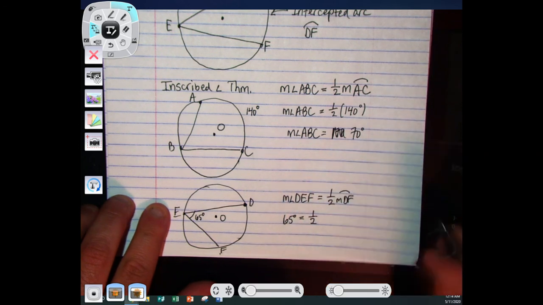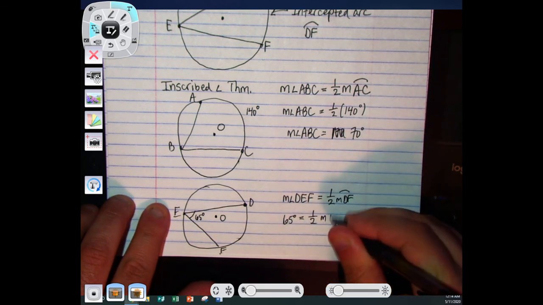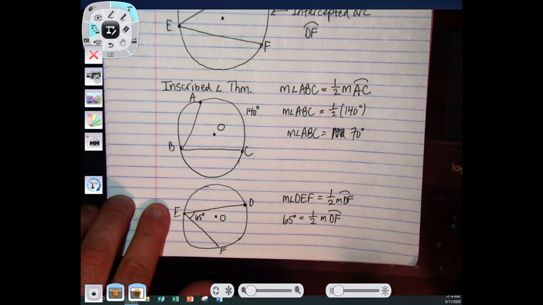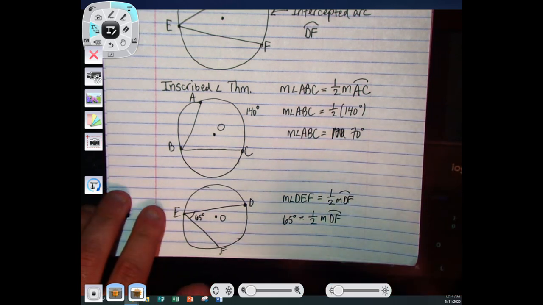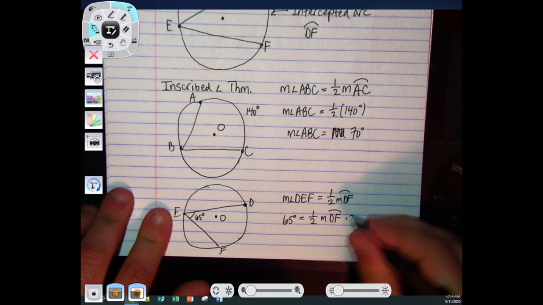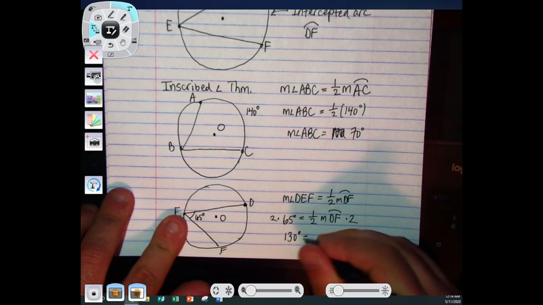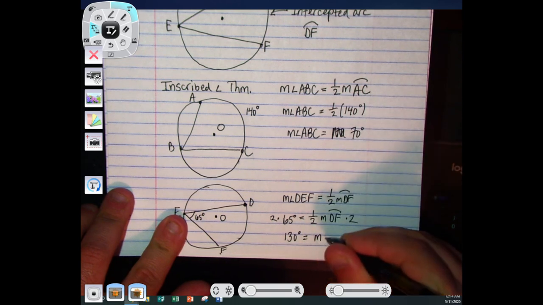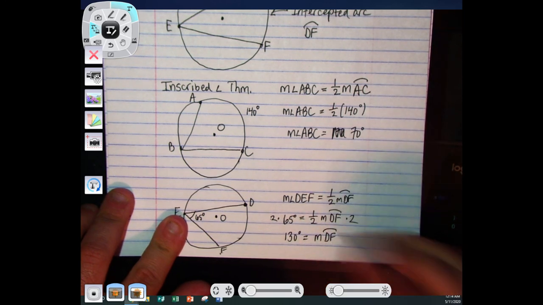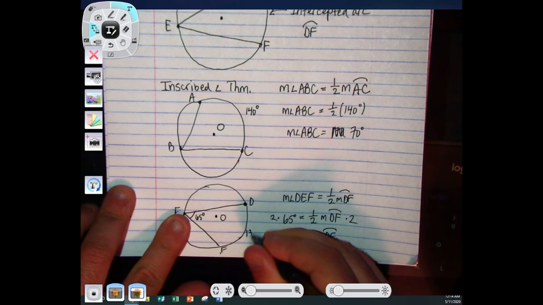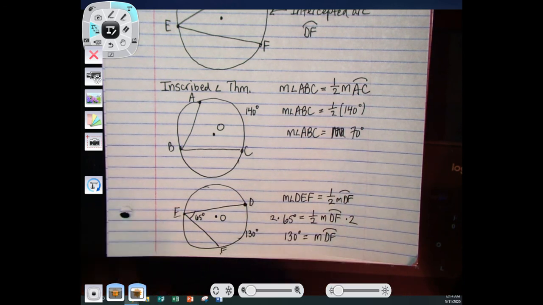We know that it's equal to half the measure of arc DF. To solve this, we just multiply both sides by 2. So if I multiply both sides by 2, we get an answer of 130 degrees. So therefore, the measure of this intercepted arc, DF, is 130 degrees based on our formula.